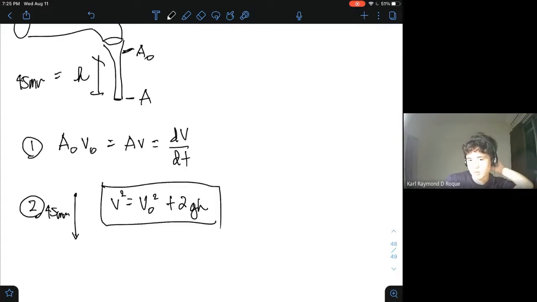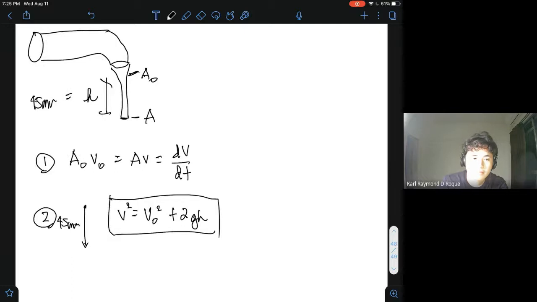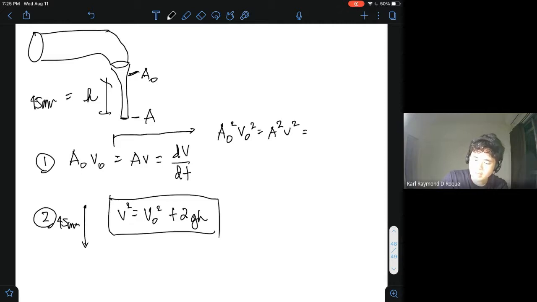What's next? Okay. Ngayon, kapag square natin to, A naught squared V naught squared equals A squared V squared equals dV over dt squared.